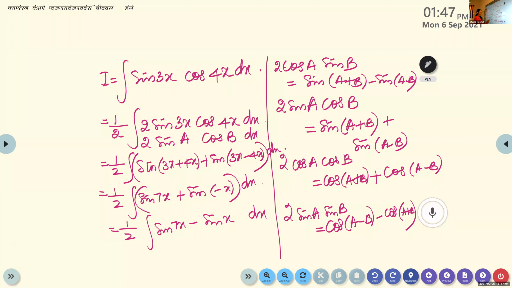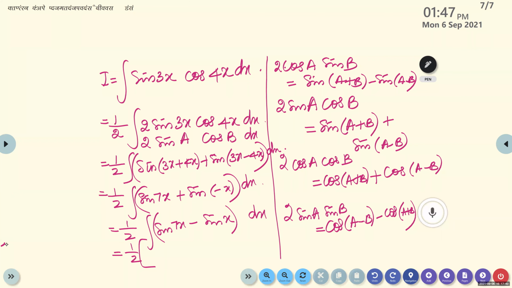dx. Now integrate this. So it is half into the integral of sine 7x. Aryan, what is the integral of sine 7x? We have to integrate sine 7x.